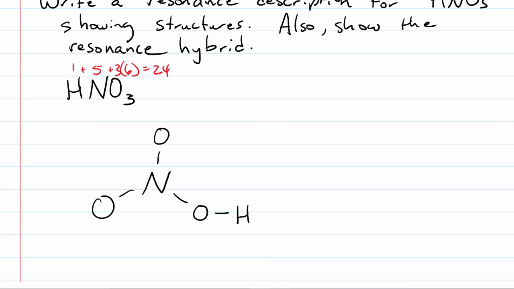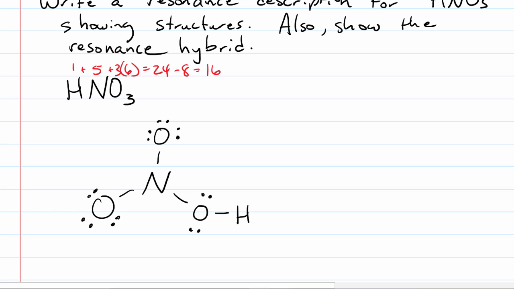So now at this point we've used up how many valence electrons? 8. So we have 16 left to go. Then what we're going to do is put in the remaining electrons as pairs around the surrounding atoms. So we put in 2, 4, 6, 8, 10, 12, 14, 16.